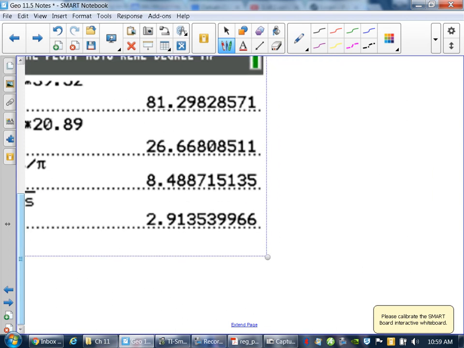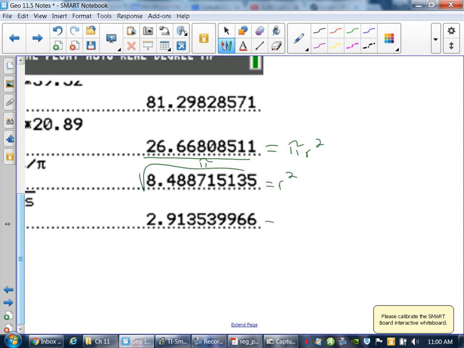Here, this might be helpful. So this equaled pi r squared. I divided this by pi, and this equaled r squared. Then I square rooted this, and then this equaled r. That's what I was doing in that sequential order. Does that help?